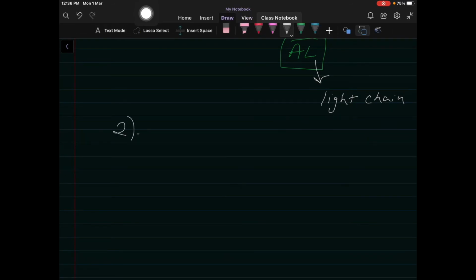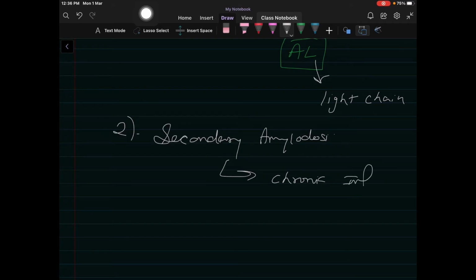Now the second is secondary amyloidosis. And the associated disease with it is chronic inflammatory disorder or condition. As we know, in chronic inflammation there is the release of cytokines, then interleukins 1 and 6, and after the liver, the final precursor protein is SAA.